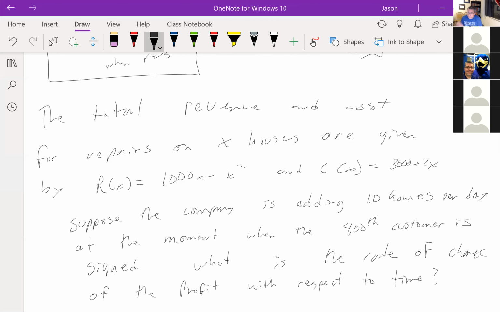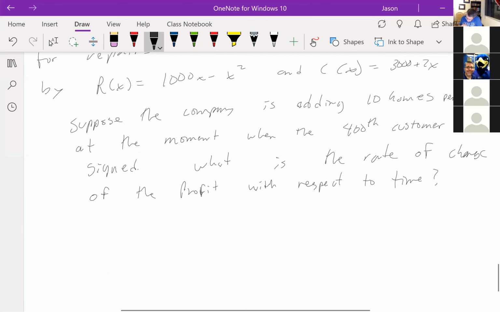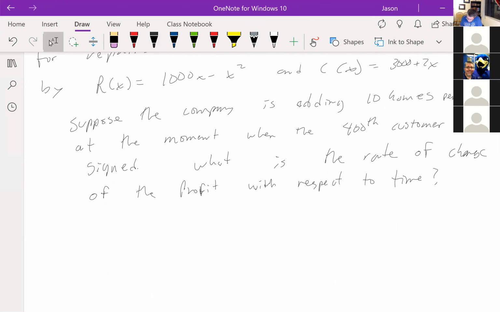Here's the deal. We know the number of homes is equal to x. How fast is x changing with respect to time? Well, that's dx/dt, and it's growing at a constant rate of 10.